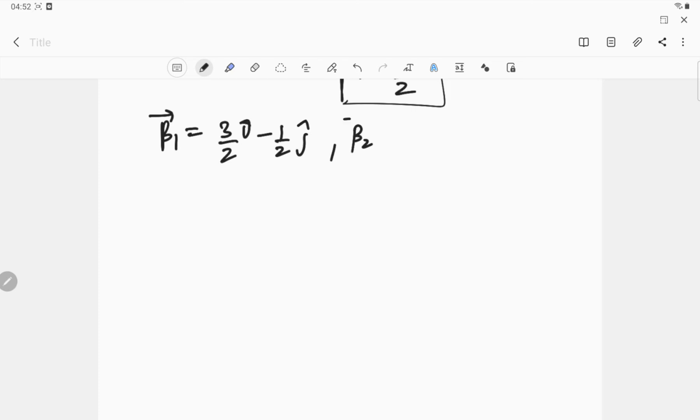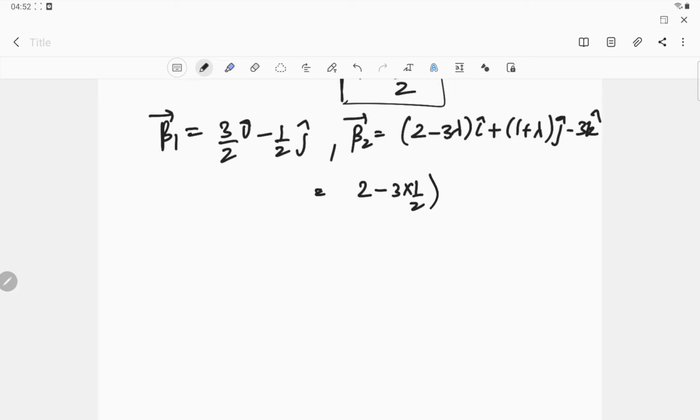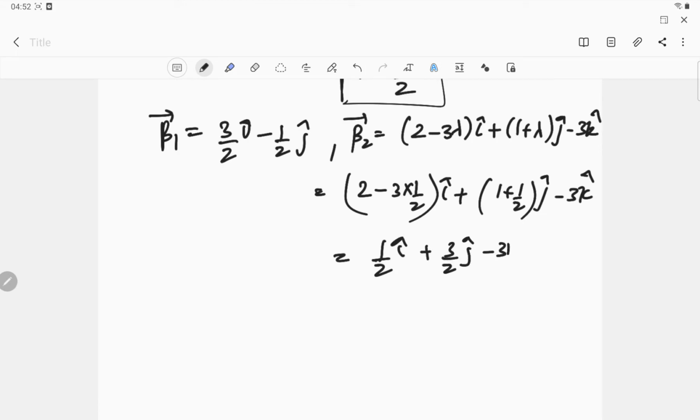And beta 2 vector was (2 minus 3 lambda) i cap plus (1 plus lambda) j cap minus 3k cap. So 2 minus 3 into half i cap plus 1 by 2 j cap minus 3k cap. So it is going to give us 1 by 2 i cap plus 3 by 2 j cap minus 3k cap. This is our beta 2 vector.